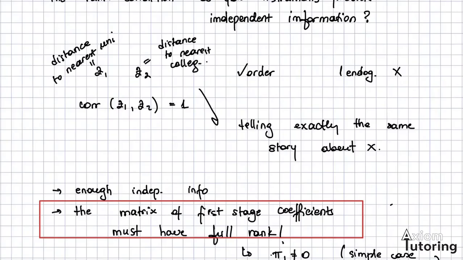If universities and colleges are always located in the same places, then these two instruments move together perfectly. They are not really two independent sources of variation. They are one source measured twice. So the rank condition would definitely fail in here. And even though technically you'd have the order condition being satisfied.